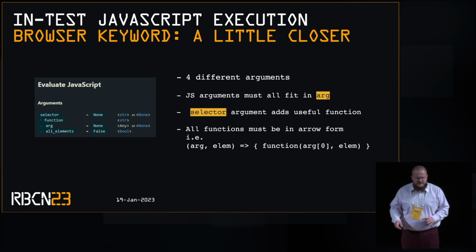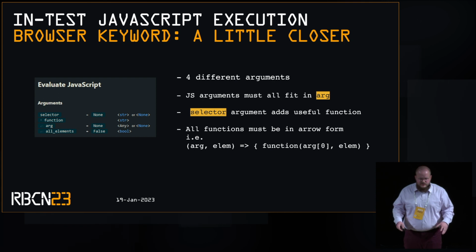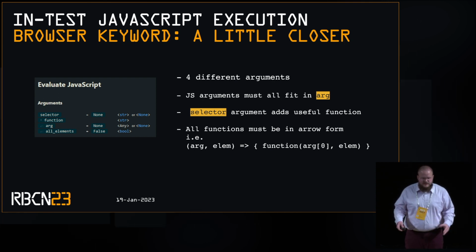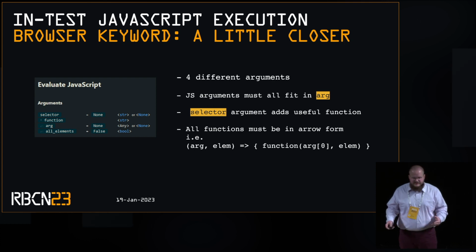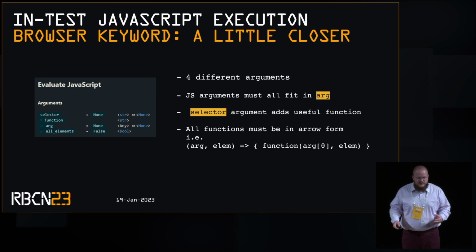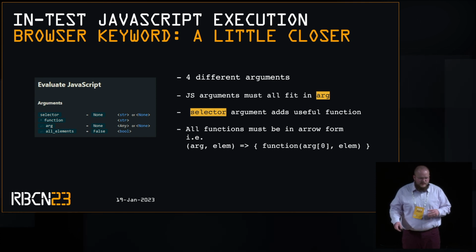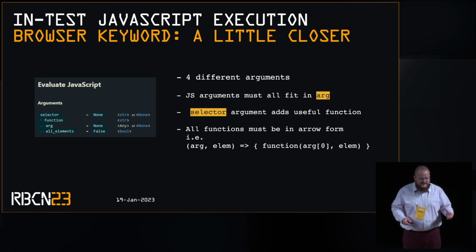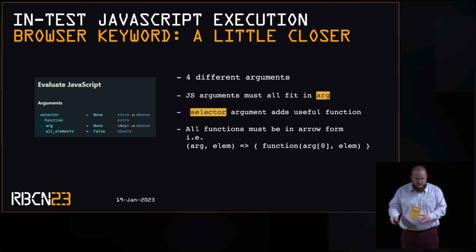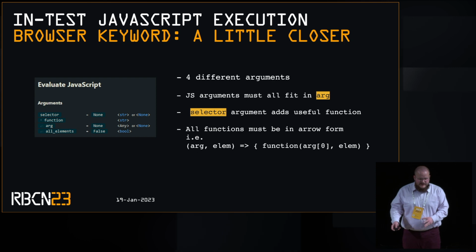It also takes a selector argument, which adds a really useful function for any JavaScript that you're running. If you're interested in interacting with an element in your JavaScript, the selector argument in Evaluate JavaScript will find that element and add it as an argument to your one-off function, and then you can access it.